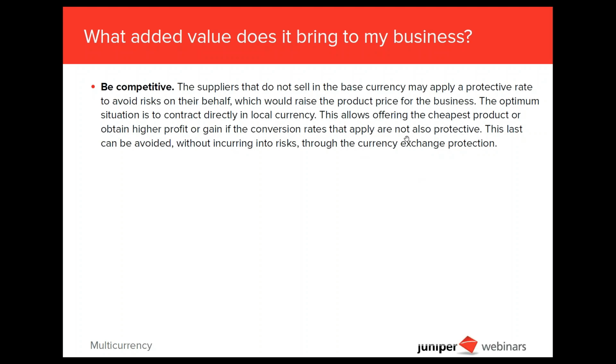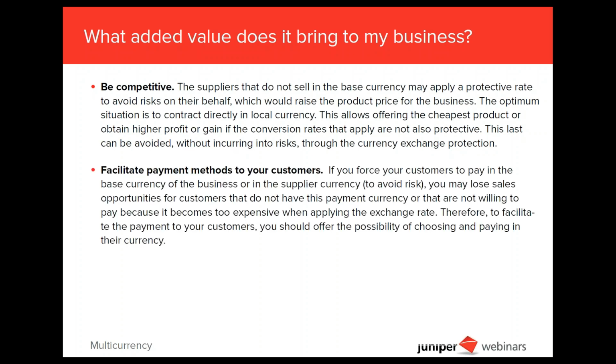So you have to make sure that if there is any kind of conversion on your site, this last point can be avoided without incurring risk through the currency exchange protection. But this point is mostly referring to the advantage that keeping the same currency might result in.